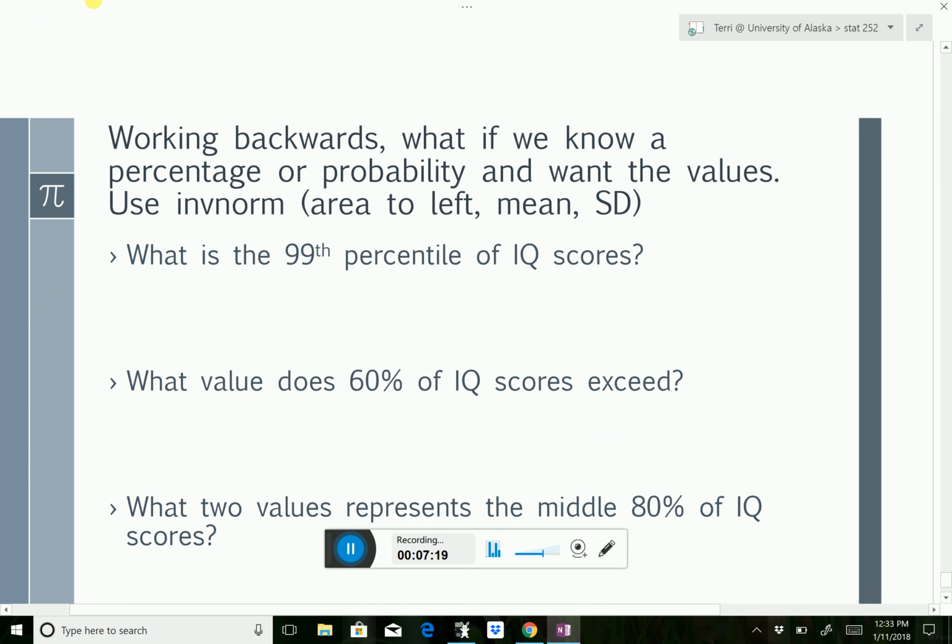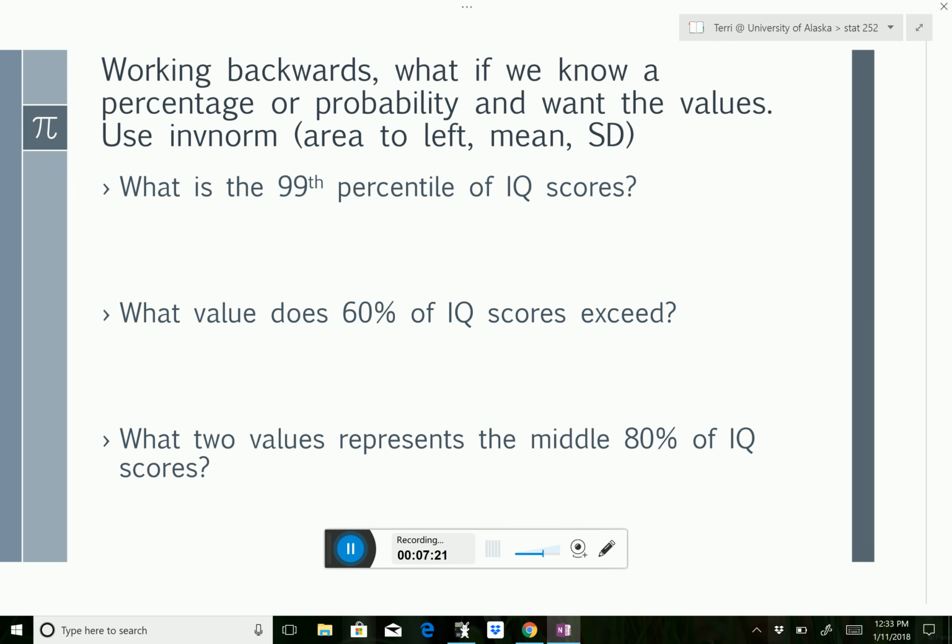Okay, so now let's talk about working backwards. If we know a percentage or probability and we want the values, we use inverse norm. Again, we have to give it area to the left for the majority of your calculators. There are a few of you, like I said, who will have calculators that you can actually change that to right or center. And that's wonderful that you can do that.